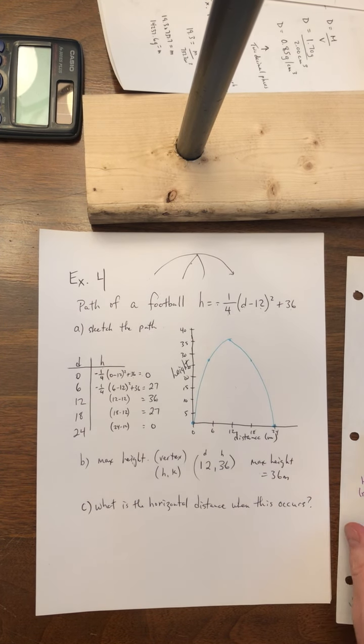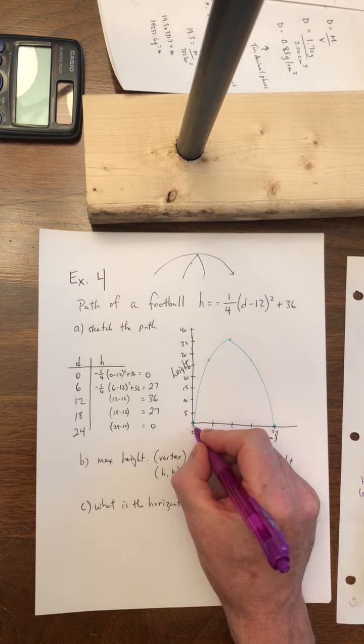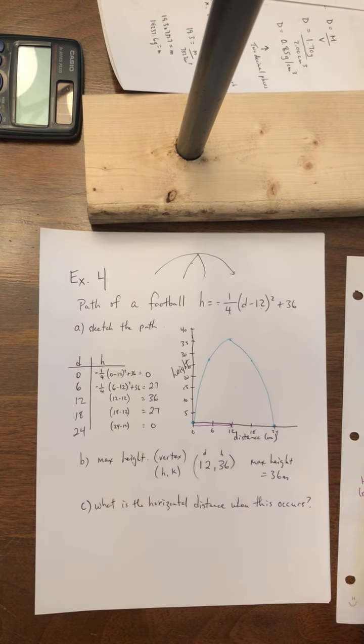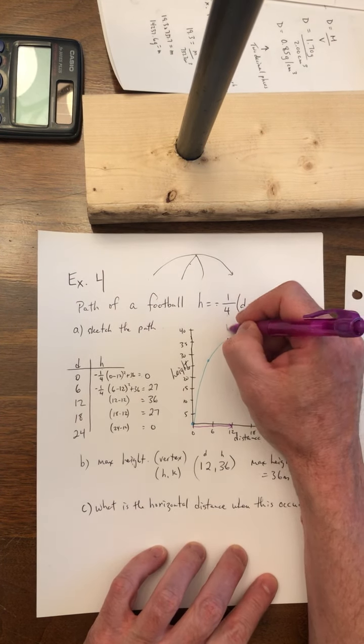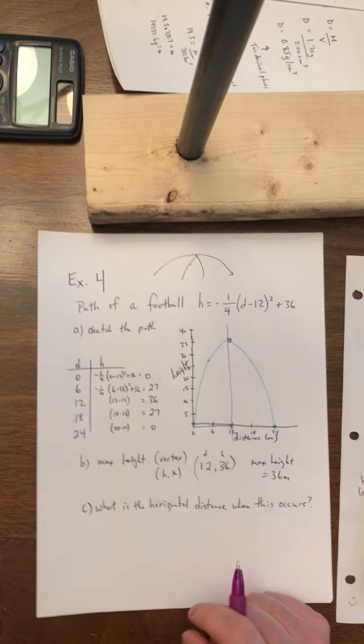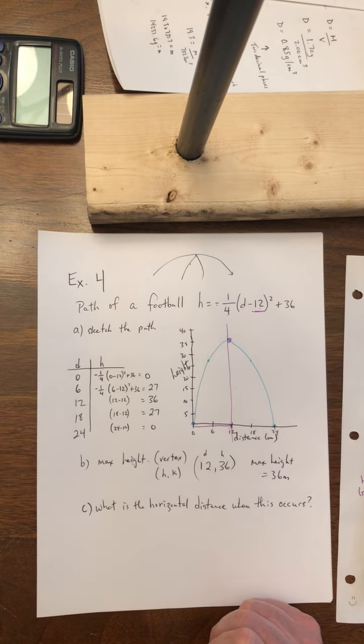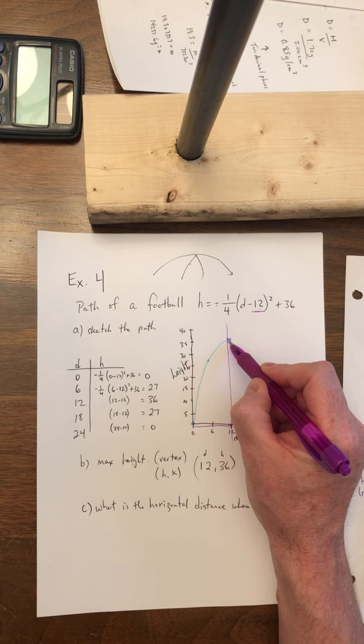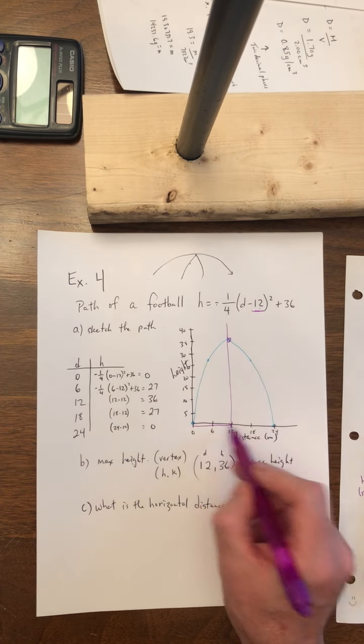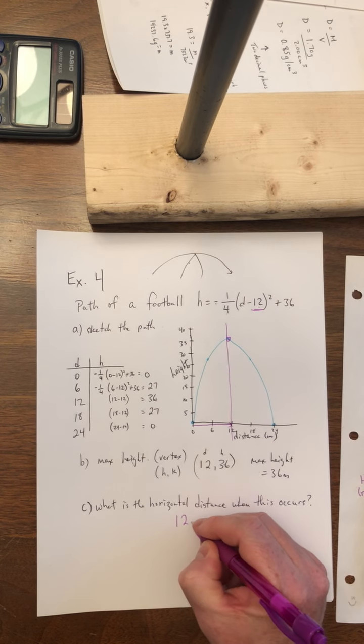So what that's asking is, how far has a ball gone horizontally when it reaches its peak? So we know that that's actually going to be, I guess, our axis of symmetry. We know that when it's at its peak, when it's at 36 meters, it is 12 meters.